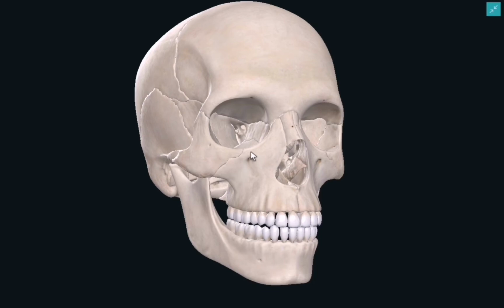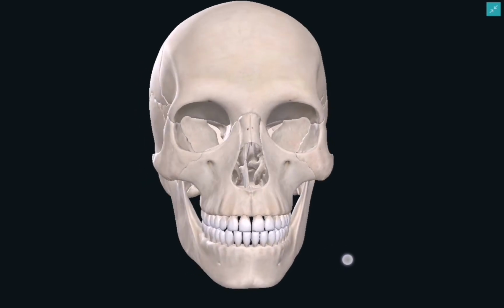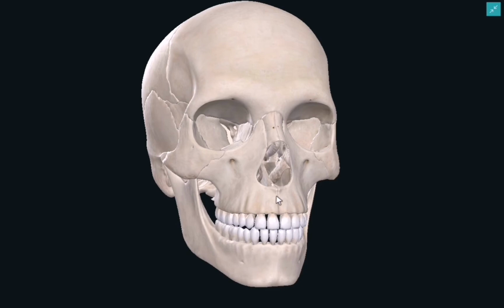We have here an elevation related to the nose, like a spine, so it is called the nasal spine. It is present anteriorly, so its name is the anterior nasal spine. This one. Anterior nasal spine.